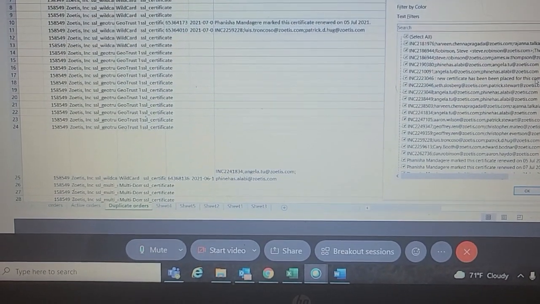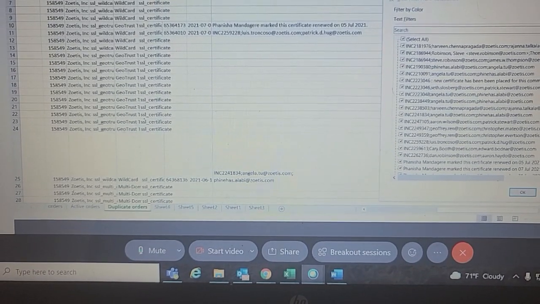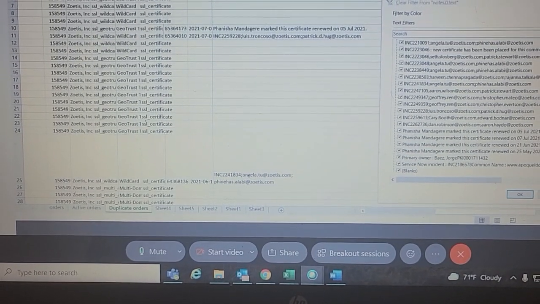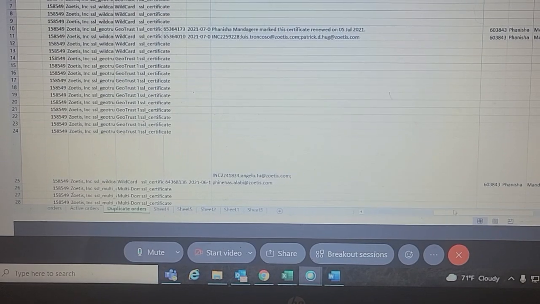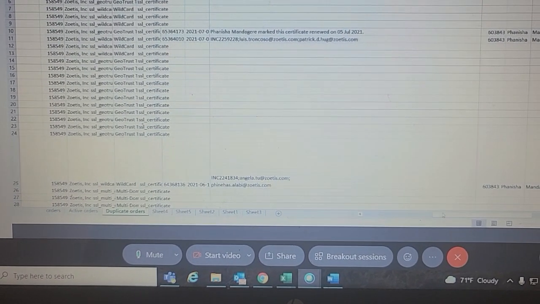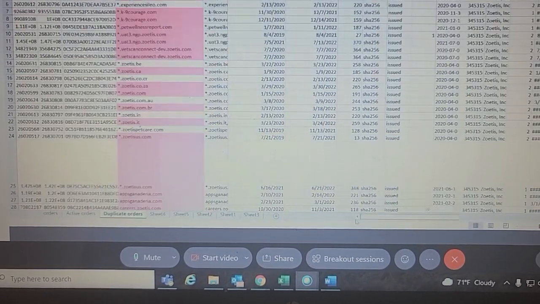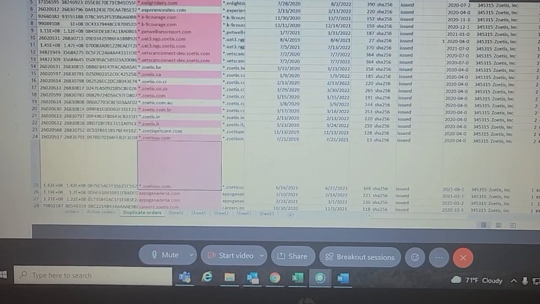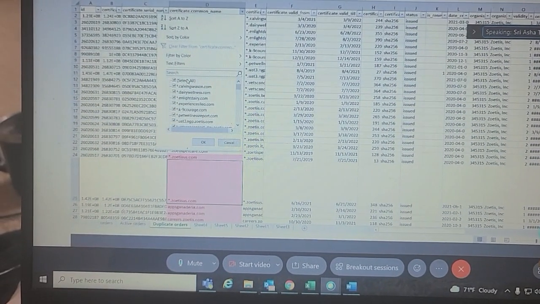These are the tickets. Why are they having duplicates? Okay, let's say I ignore wildcard certificate.